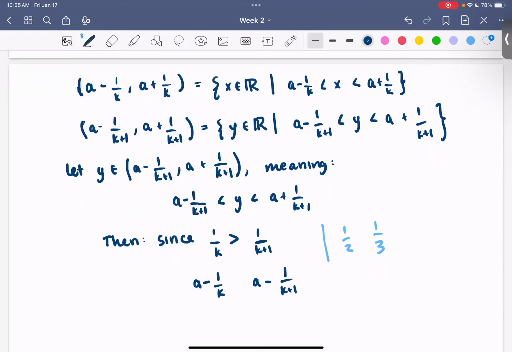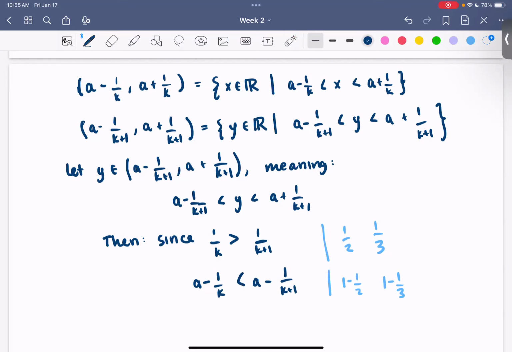Yeah, this one is bigger, right? So again, sidebar, if I set a equal to 1 or something, 1 minus 1/2 versus 1 minus 1/3, right? The right one is bigger. So we have that.